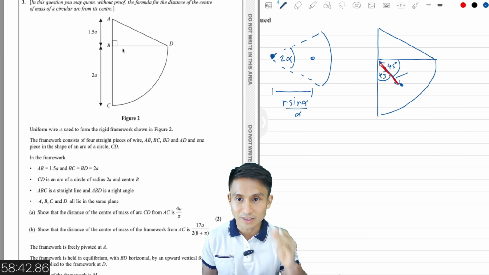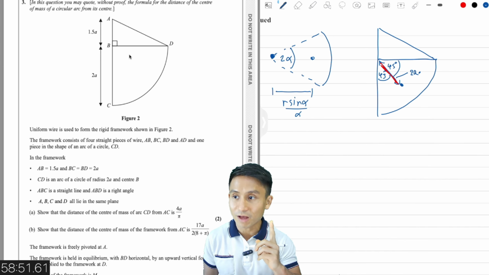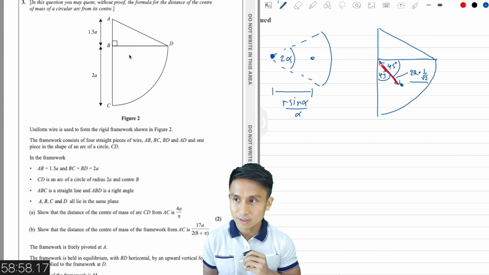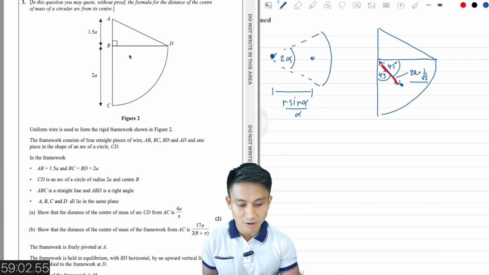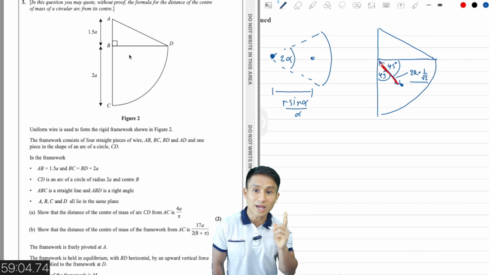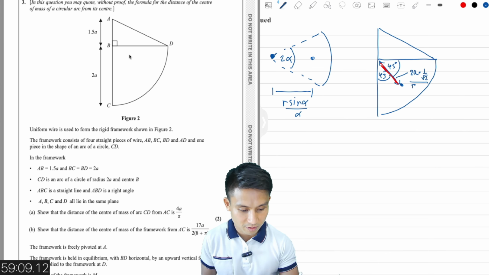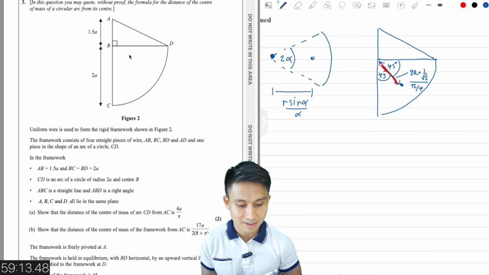So r is the radius of this circular arc, which is 2a, times sine 45, which is 1 over root 2, because alpha is just half the angle, and over alpha. Alpha should be in radians, so you have to be careful there. So 45 degrees is pi over 4. So that's the red distance there.